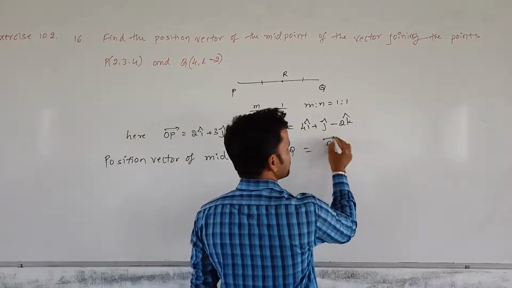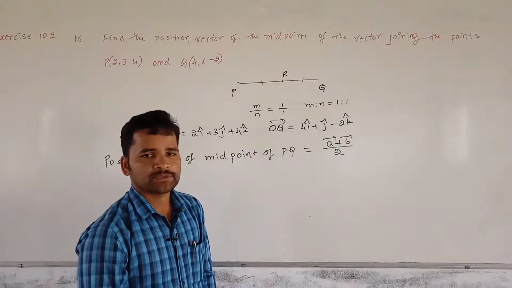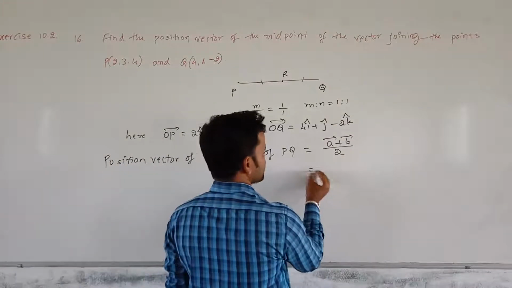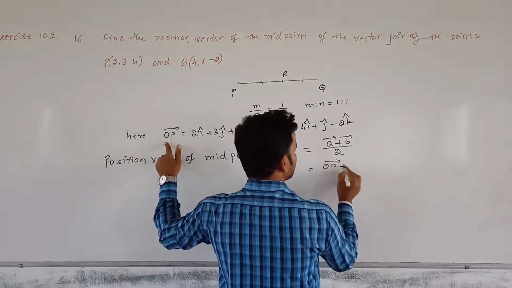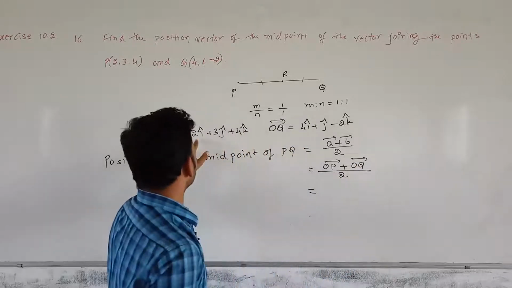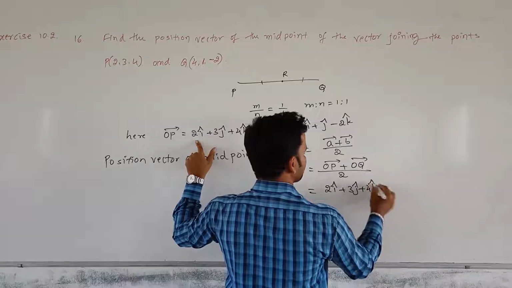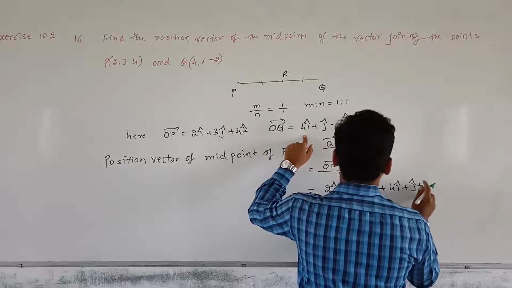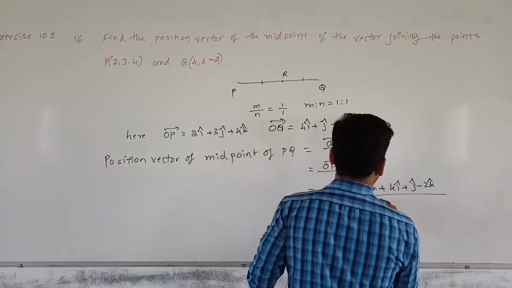We know the formula as vector A plus vector B divided by 2. Vector A is the position vector of the first point, vector B is the position vector of the second point, divided by 2. In the same way, here we have vector OP plus vector OQ divided by 2. Write these two. Vector OP is given as 2i plus 3j plus 4k, plus vector OQ, 4i plus j minus 2k, whole divided by 2.